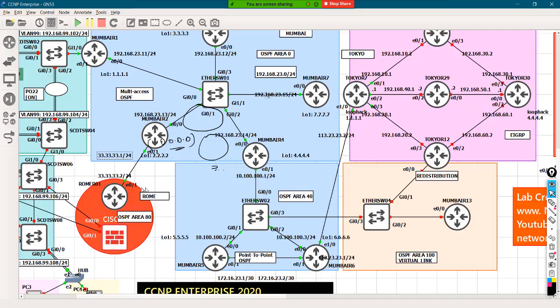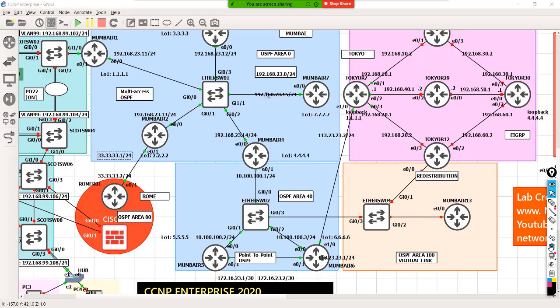Now let's say we are good with the stub scenario. Let's say there was one more area somewhere here, area 200. Since you have enabled stub, you have suppressed all the routing. There are no external routes as of now, you just have the default gateway pointing.